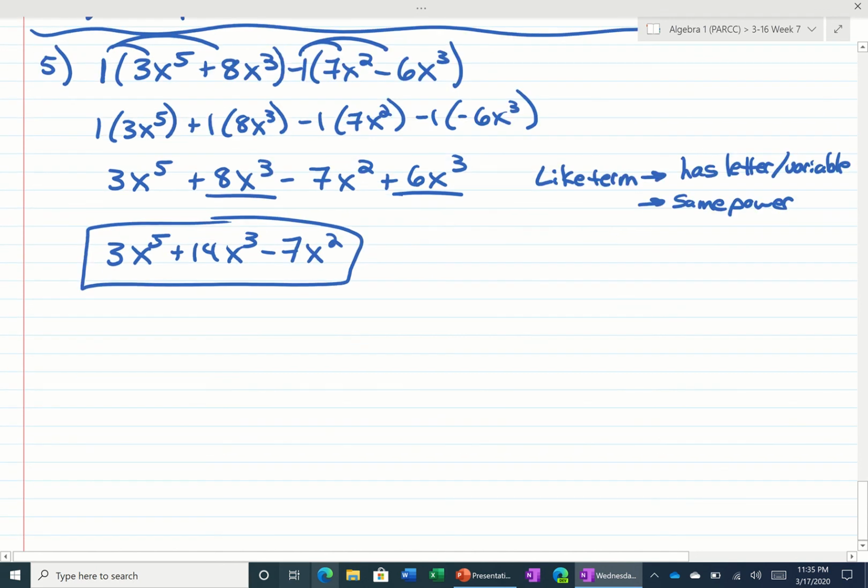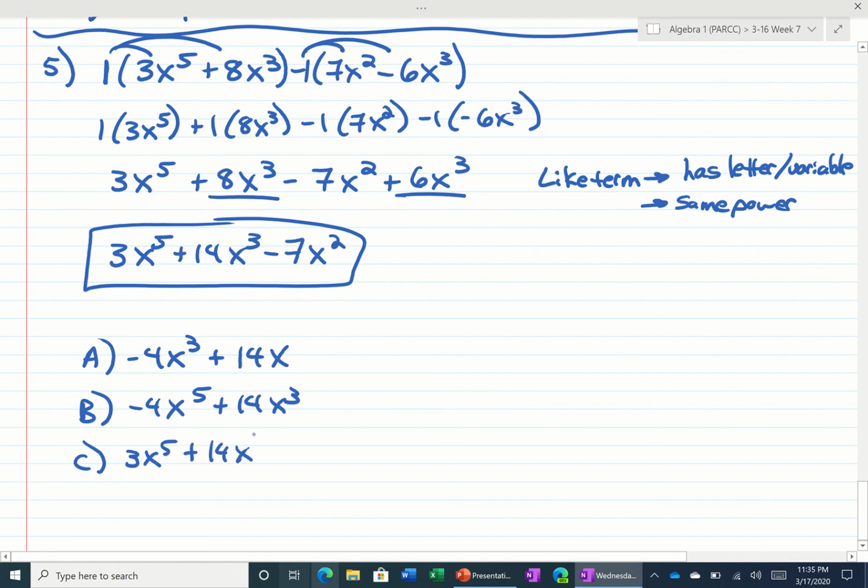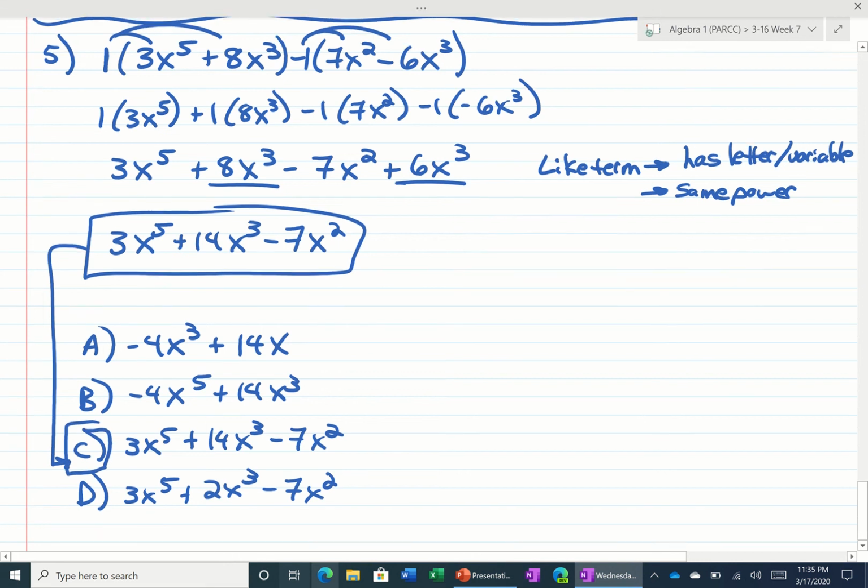And taking a look at our answer choices, what matches would be option C. C would be the only correct answer.